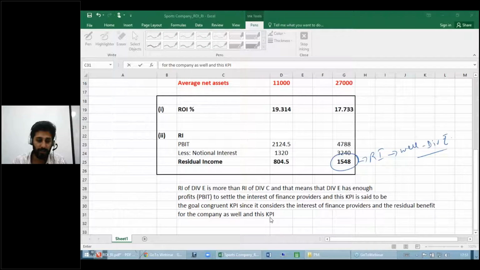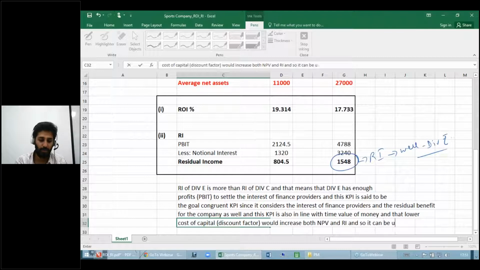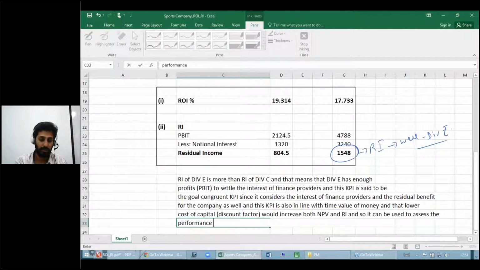And this KPI is also in line with time value of money, and a lower cost of capital, or you can say discount factor, would increase both NPV and RI, and so it can be used to assess the performance of the division over a long time period.